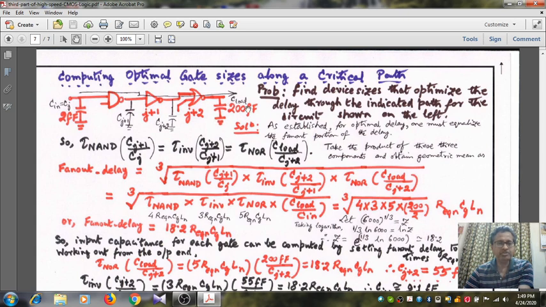So C load equal to the ultimate capacitance that you have to drive, 200 femtofarad. Cj plus 2 is nothing but the input capacitance of the 2 input NOR gate. Cj plus 1 is nothing but the input capacitance of the inverter, and Cj, that is the input capacitance, should be equated to the input capacitance of the 2 input NAND gate, and that will determine the size of the NMOS and PMOS transistors of the gates. Here the NAND gate.